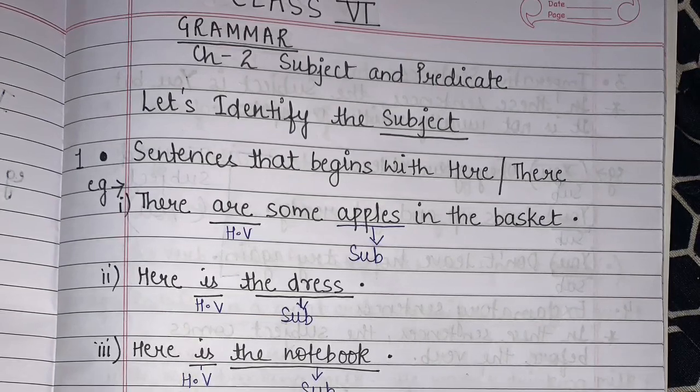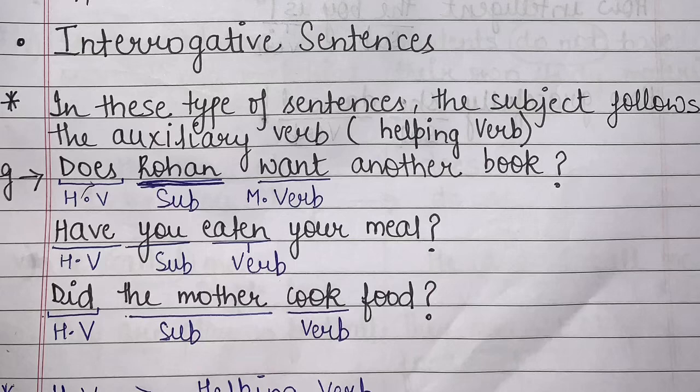I have to identify the subject. So what is my subject? Yes, apples is my subject. So can you see, whenever I have these words here or there, my subject generally appears towards the end. Okay, you will easily identify such sentences whenever you find them. Is that clear to all?